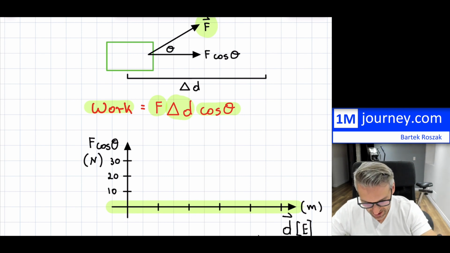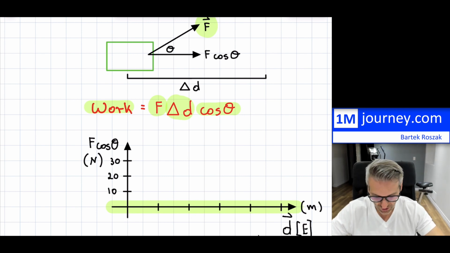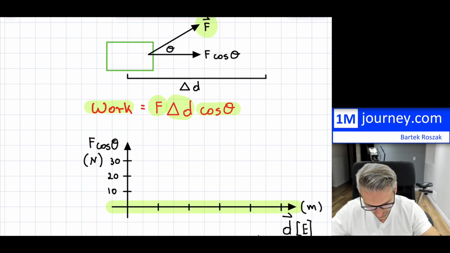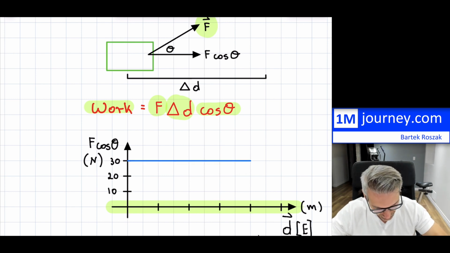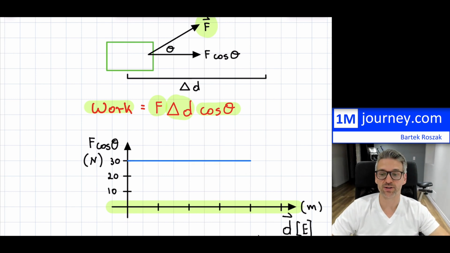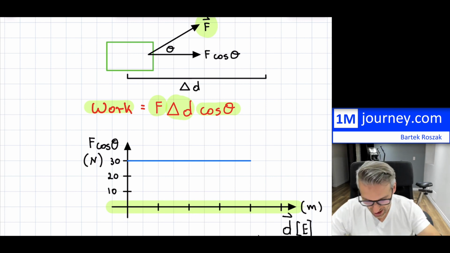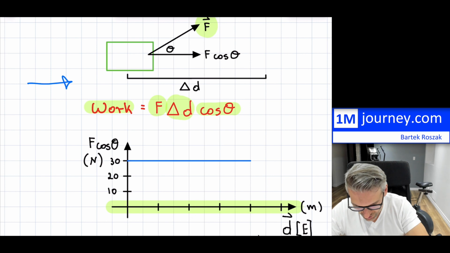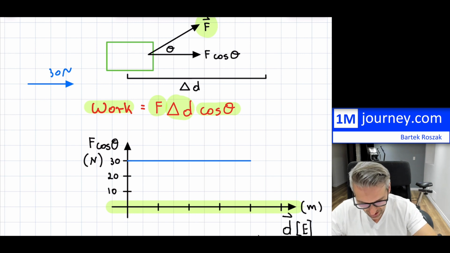What this means is that if you have some constant force for the duration of the displacement, maybe this is what it was. You can see there that it's basically 30 newtons. And what this is saying is that you have 30 newtons in terms of its magnitude that is being applied during the actual displacement that is carried out.